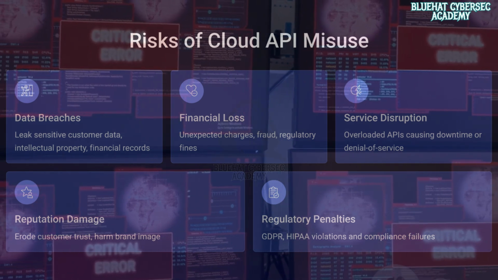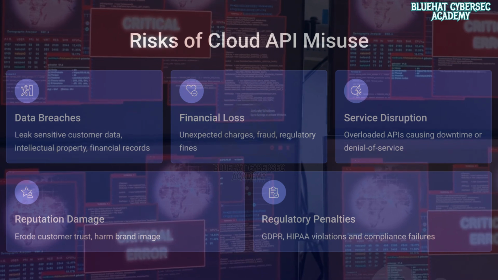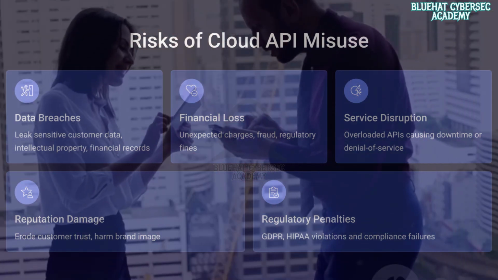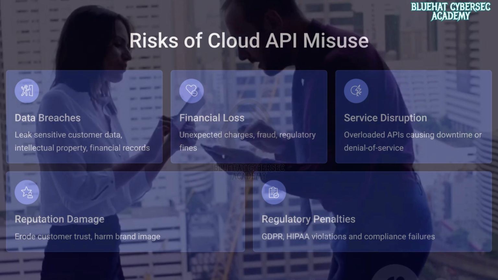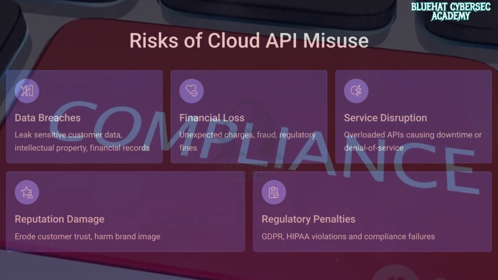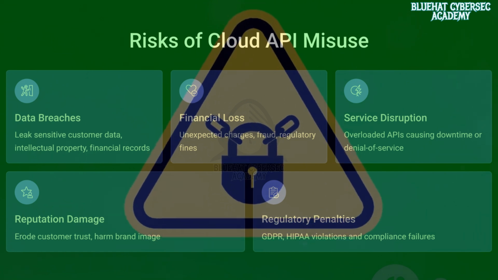Third, service disruption. Attackers can overload or manipulate APIs, leading to downtime or denial of service incidents. Fourth, reputation damage. API breaches can erode customer trust and harm your company's brand image. And finally, regulatory penalties. Organizations that fail to protect sensitive data may face violations of GDPR, HIPAA, or other compliance regulations.